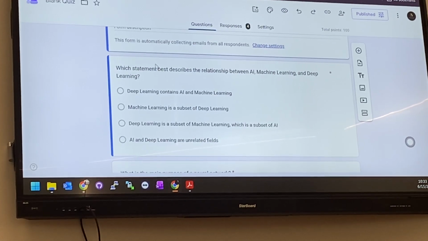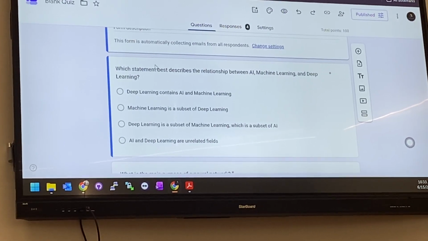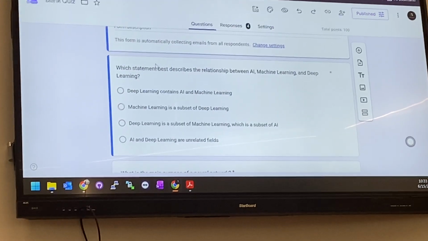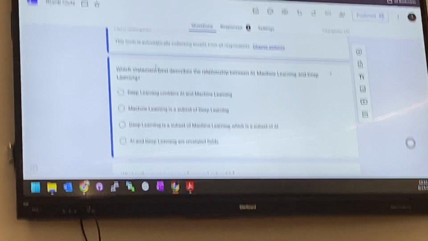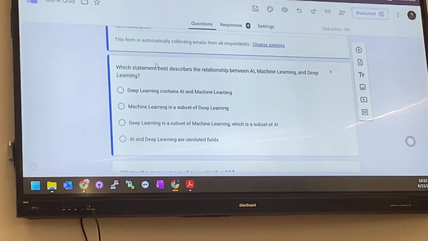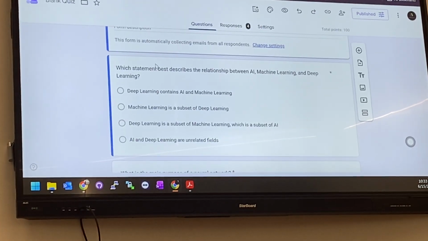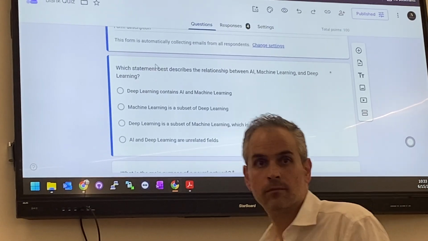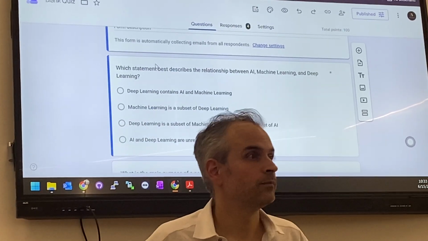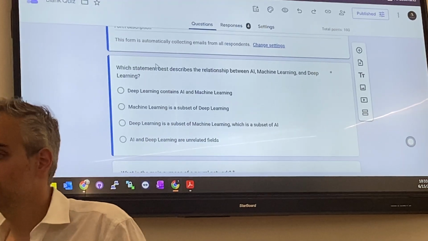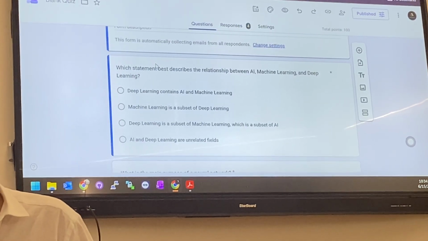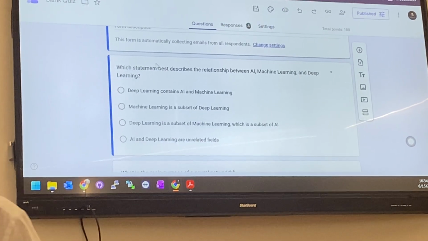All of you are able to open the quiz? The quiz is the checkpoint, module 1 checkpoint.